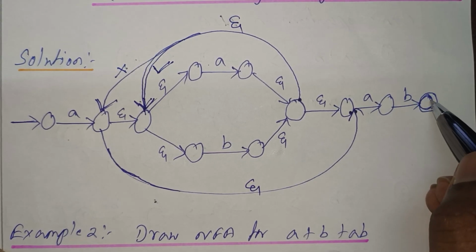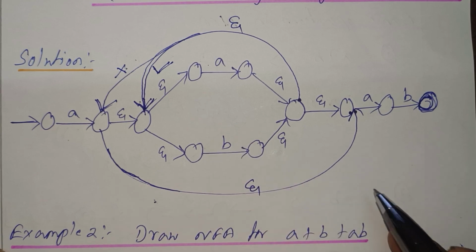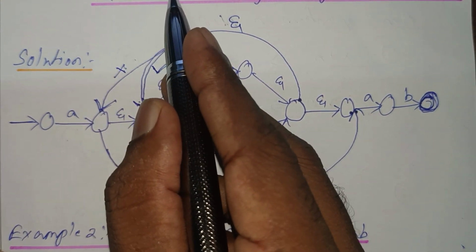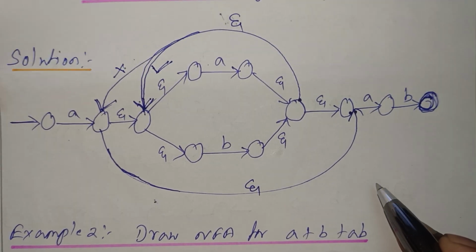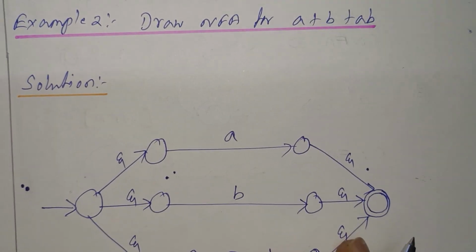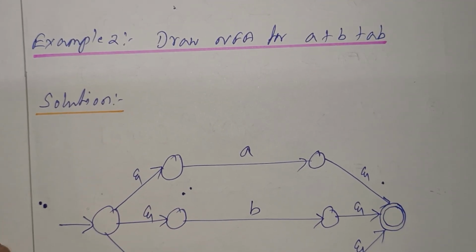Again b, which ends up exactly here. So this is how a(a+b)*ab can be constructed by using Thompson's method.